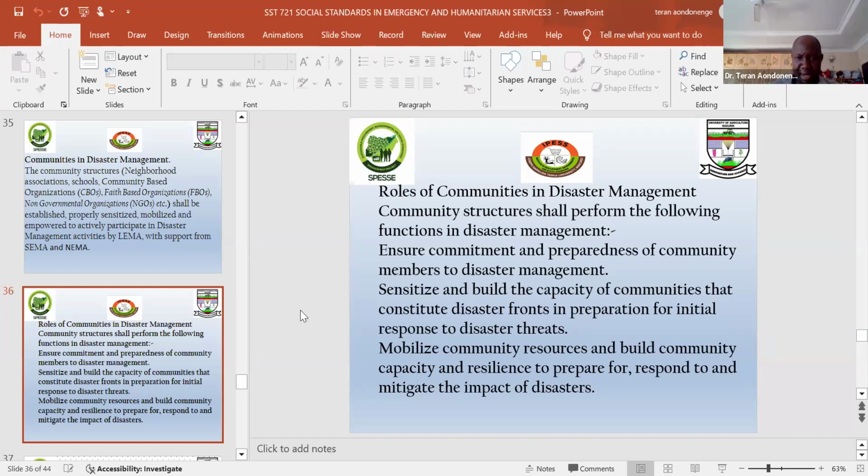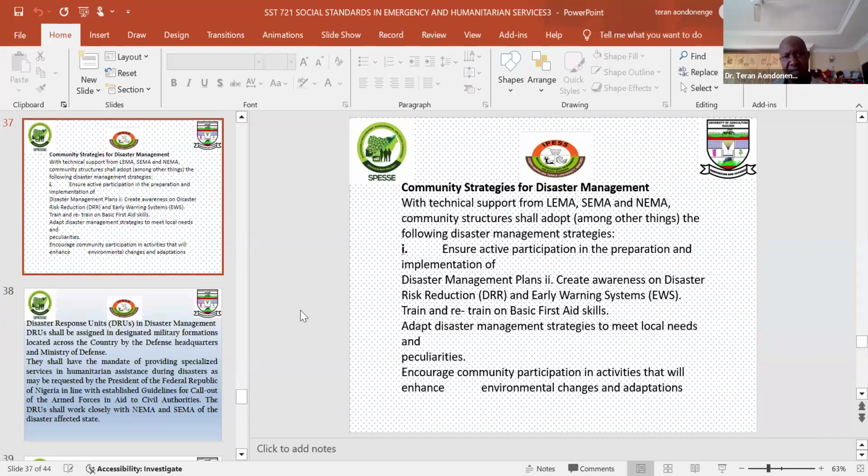How to mobilize the communities' resources, and how those communities have to actually capture from our earlier discussion: how to prepare for resilience, how to respond, how to mitigate, using the various strategies.